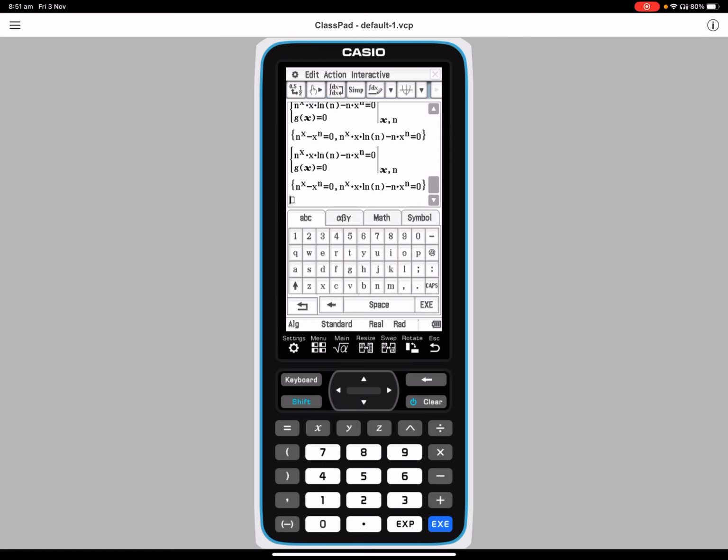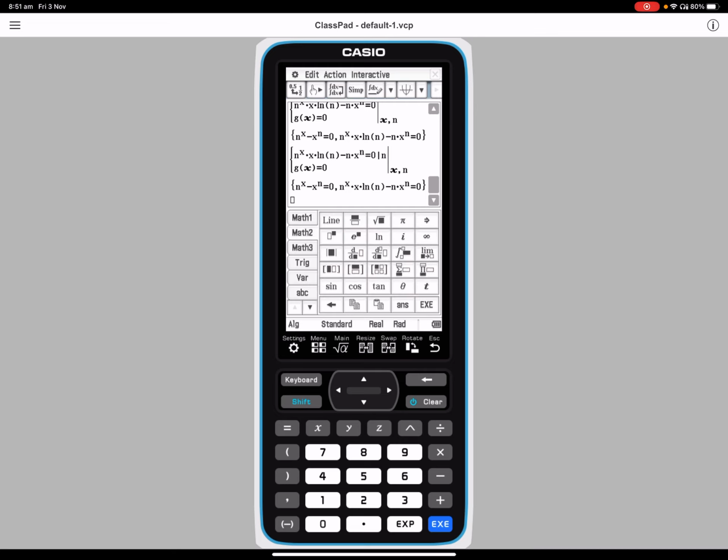So local minimum on the x-axis. I wonder if we say given n is greater than 0, and then do the same with this equation, if it will solve. That's really annoying.